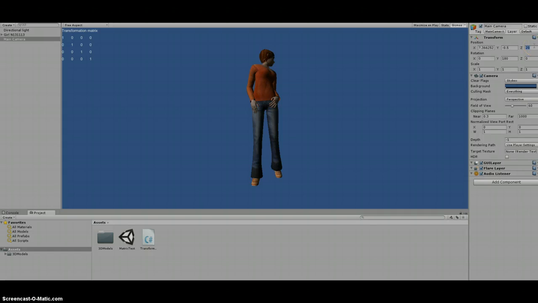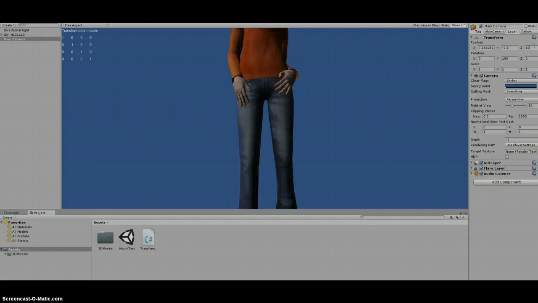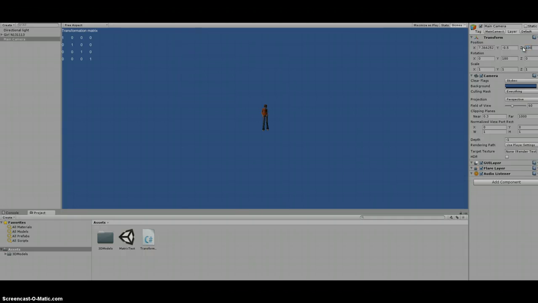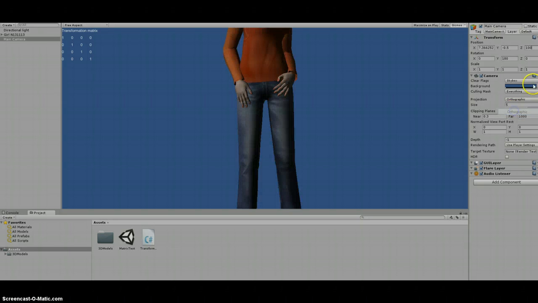If we put the point of view nearer, it affects the perspective of the view, and going more distant, the object goes farther away. And if we change to orthographic, it's always the same. There is no point of view, there's only viewing distance.